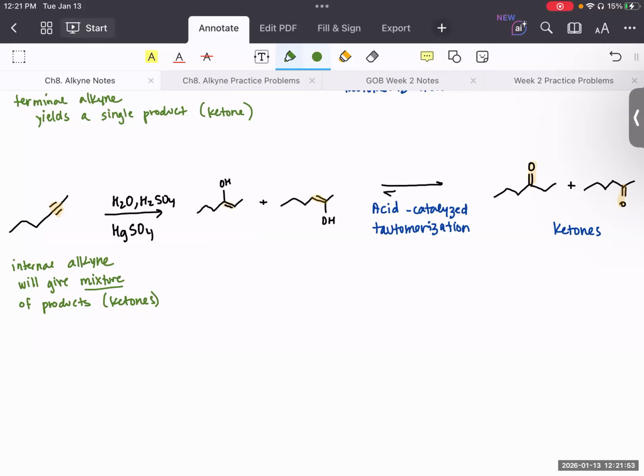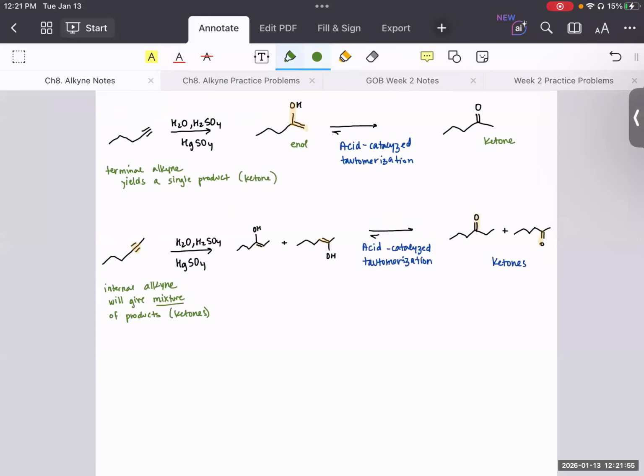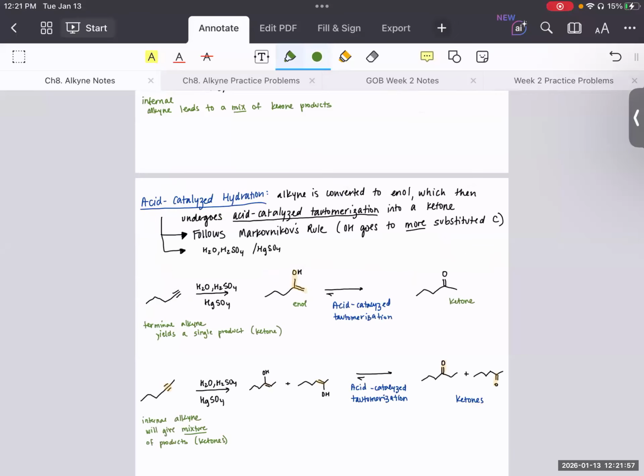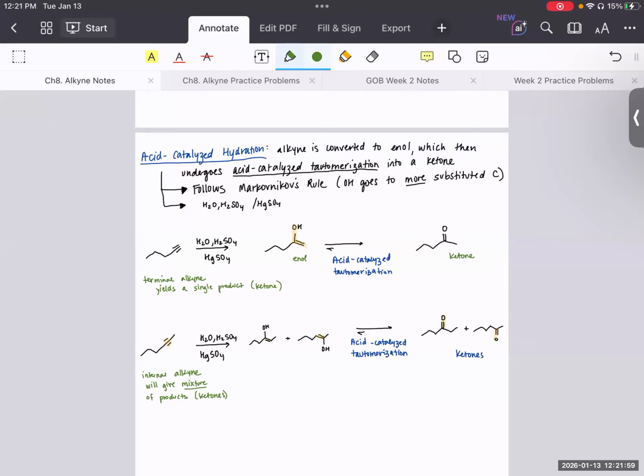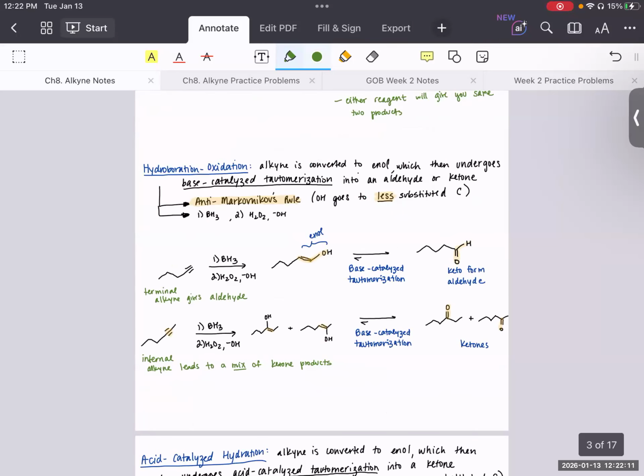All right, so if we compare and contrast hydroboration oxidation with acid-catalyzed hydration, the key difference between the two reactions is whether you're doing a terminal alkyne or an internal alkyne, and then also whether you get acid-catalyzed tautomerization or base-catalyzed. In the case of hydroboration oxidation, you get base-catalyzed.